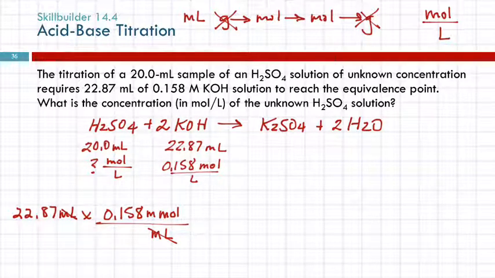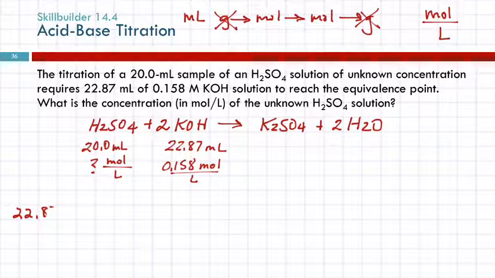It's a little weird, but you could, right? Milli just means 10 to the minus third of that unit. So then when you use millimoles, you'll end up with millimoles, and you'll divide by milliliters, and you cancel out the M's, and you get molarity. So if that made sense to you, awesome, use it. If not, forget that I said any of that, and let's just do it the other way.